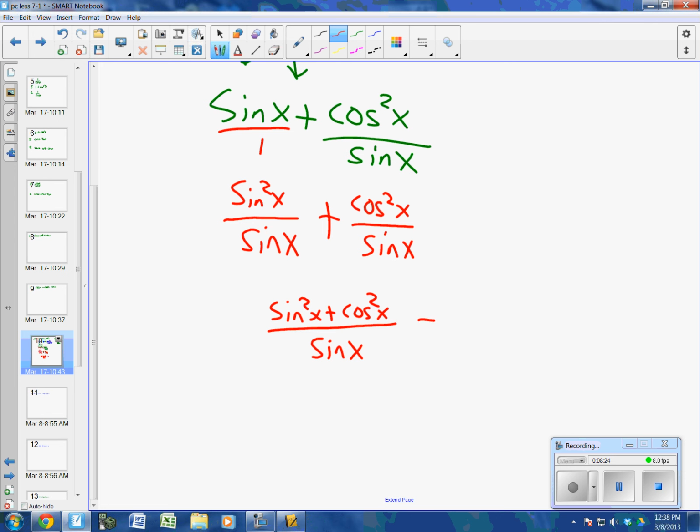Yeah, it's one of our Pythagorean identities. Sine squared of x plus cosine squared of x is equal to 1, right? So we can make that substitution. What is 1 over sine of x? Cosecant of x. Yep, you just asked about that one. That's the reciprocal identity for cosecant.